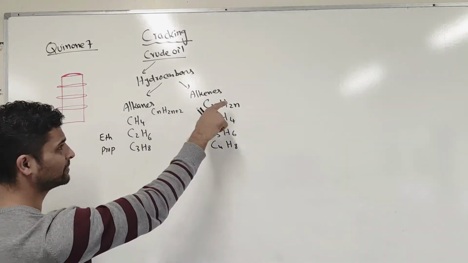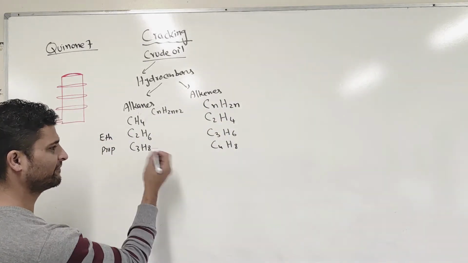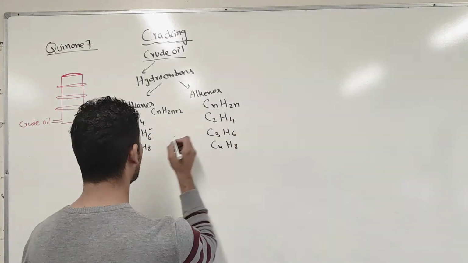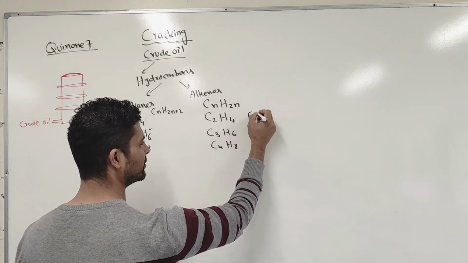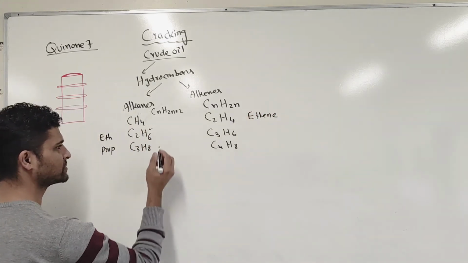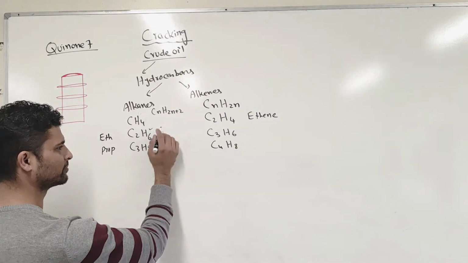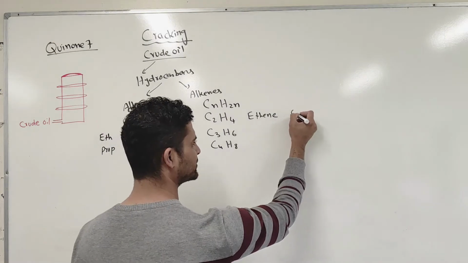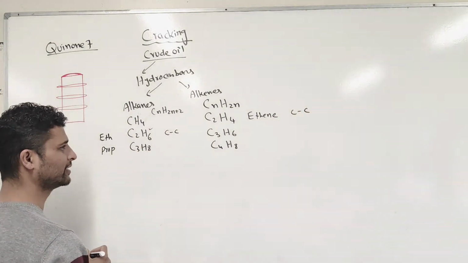Now, the difference between both of them shows if you open the molecule. Let's just say we take ethane and ethene. If I try to open this molecule, as I said before, you draw carbon first. For this as well, I draw carbon like that.